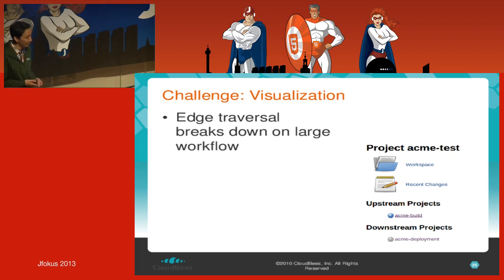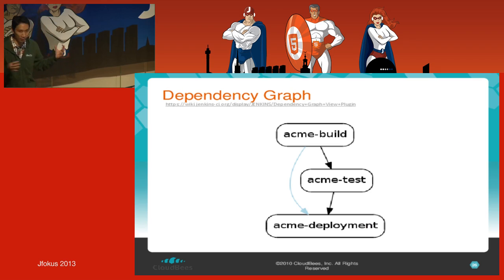So one of the challenges in Jenkins, for example, is if you're building these workflows by using upstream and downstream relationships, which is what we call triggers, then you really have this microscopic view of the workflow. You can see how this node is related to its neighbors, but you don't get the big picture of the whole workflow. That is where the dependency graph plugin would come in.